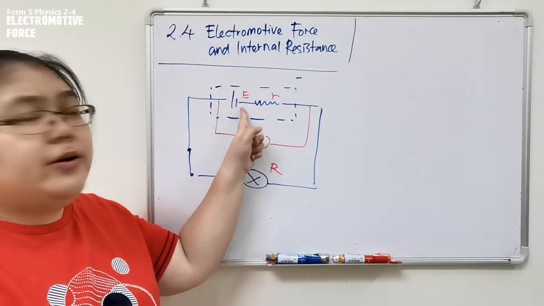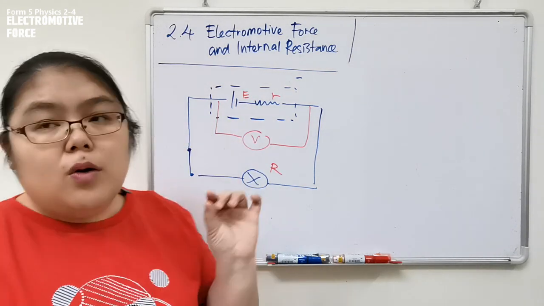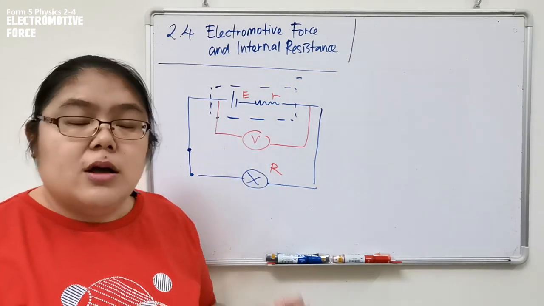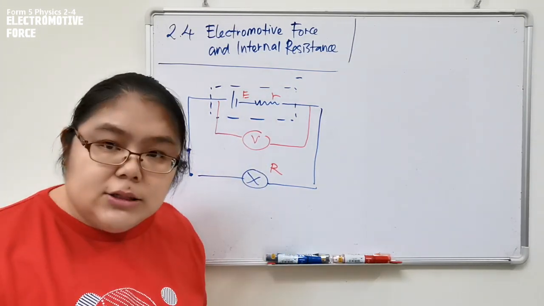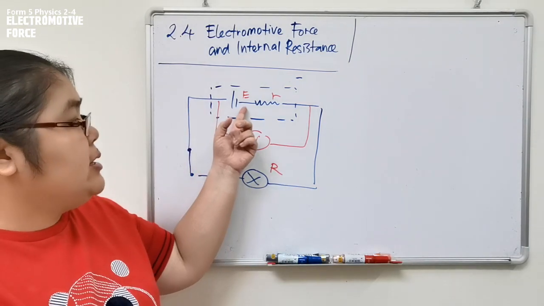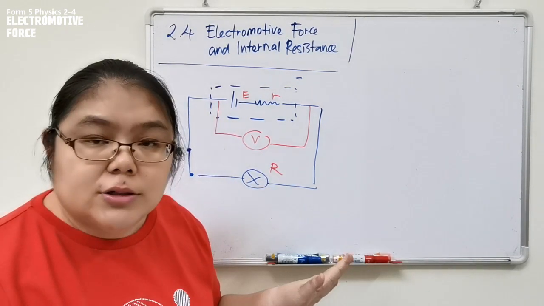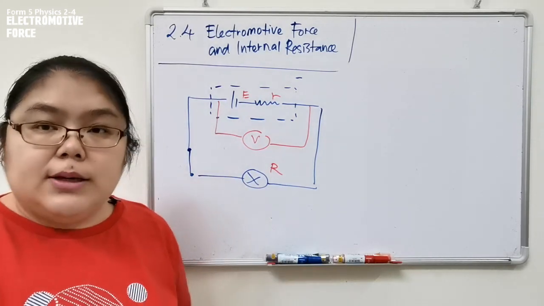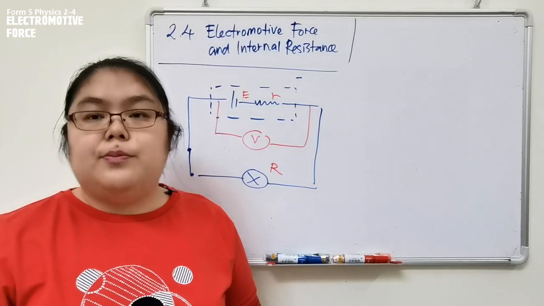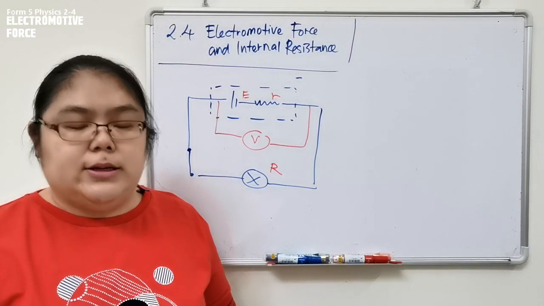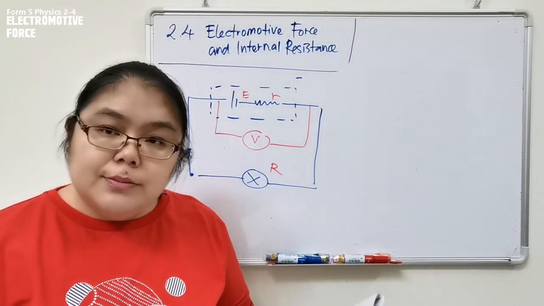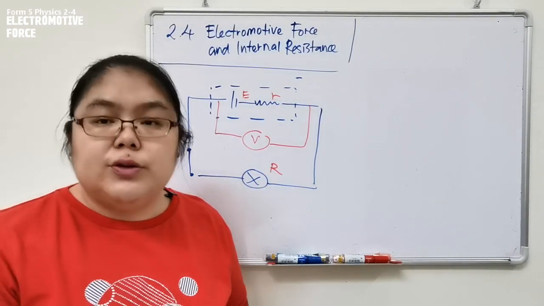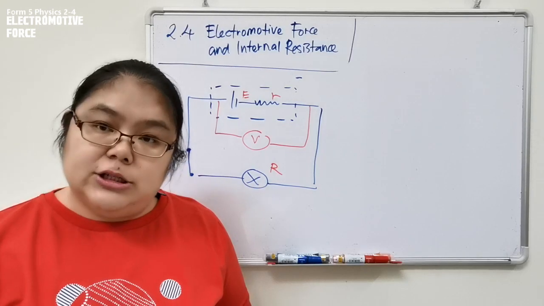Because the charges need to overcome the internal resistance, so they use some energy to move across it. That means they use a little bit of voltage to overcome it, and they lose a little bit of voltage, converted to heat energy.